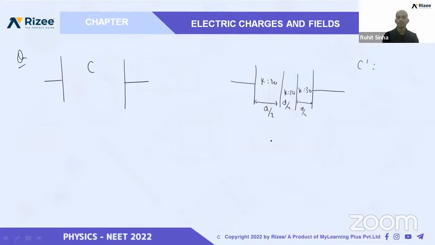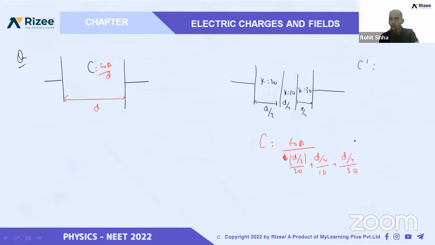We know C is equal to epsilon naught A by D. If you are confused with the measurement part, always take C equal to epsilon naught A by D. Now what we will write: D by 2 over K1, K1 is 20, plus D by 4 over K2, K2 is 10, plus D by 4 over K3, K3 is 30.